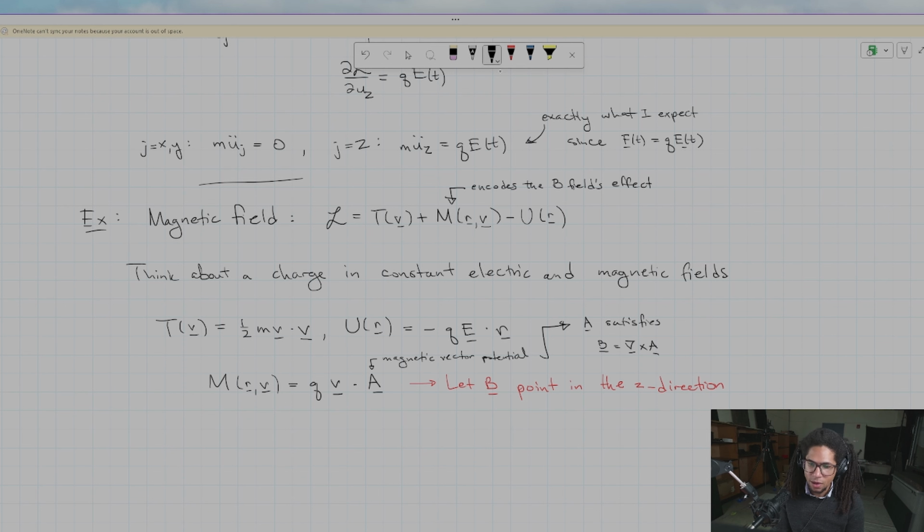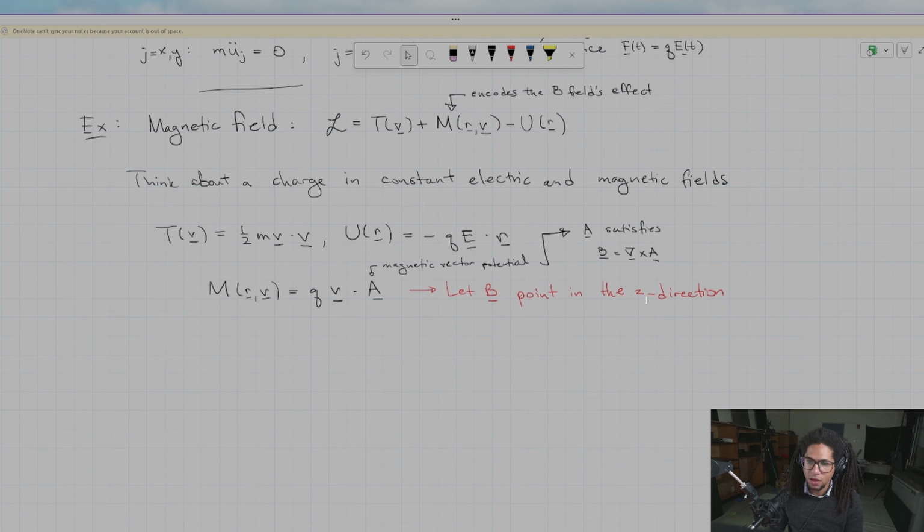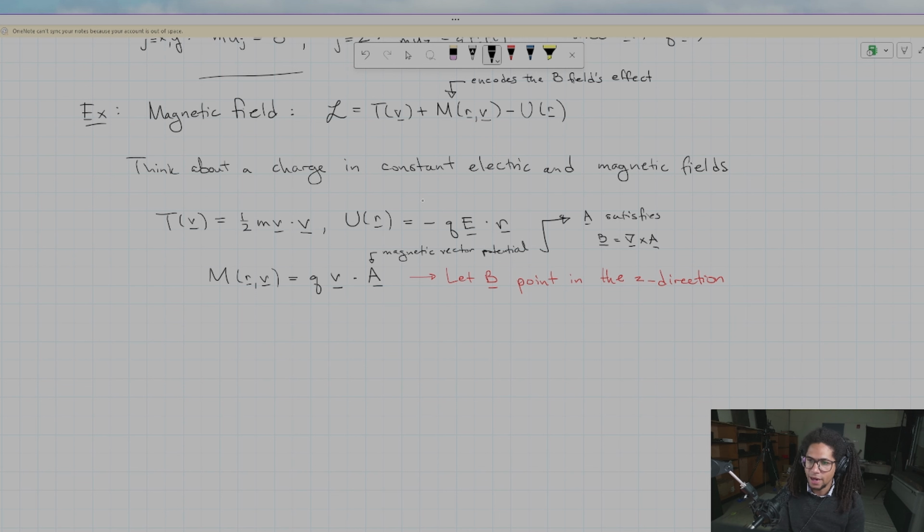If B points in the z direction, then one thing we can do is let A be x times B, the magnitude, in the y direction.